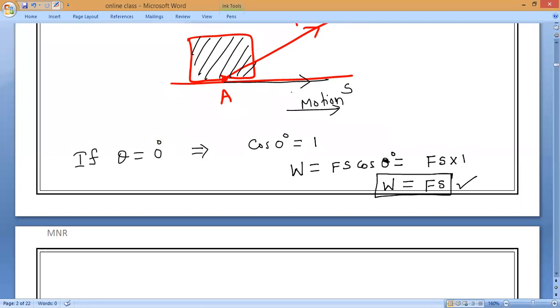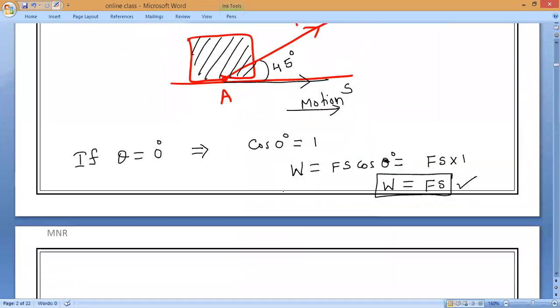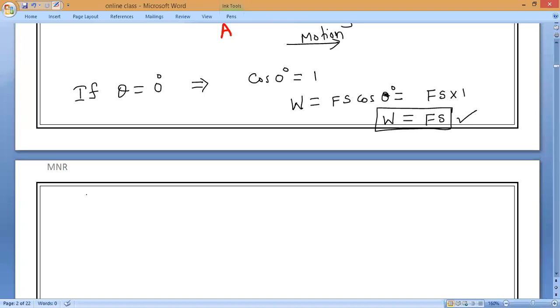So in between 0 to 90, for example, I am applying the force at a 45-degree angle. Then what is the work done? If theta is equal to 45 degrees, what is cos 45? 1 by root 2.